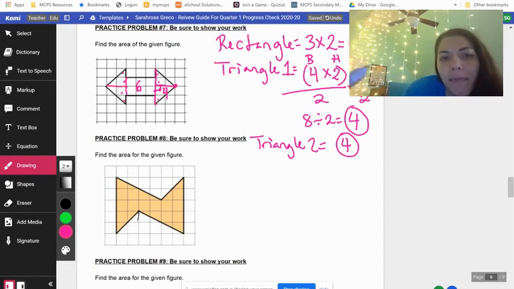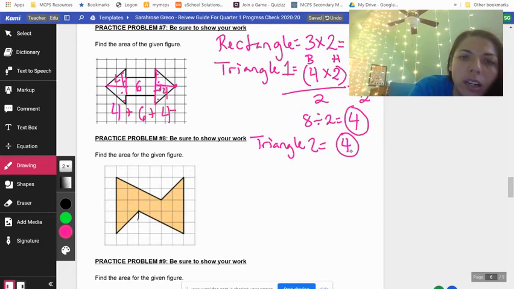It's going to be the same. So we got 6 plus 4 plus 4. The area is going to be 14. Oh, did I divide it in half? Yes, I did. So 4 plus 6 plus 4 is going to equal 14 units squared.